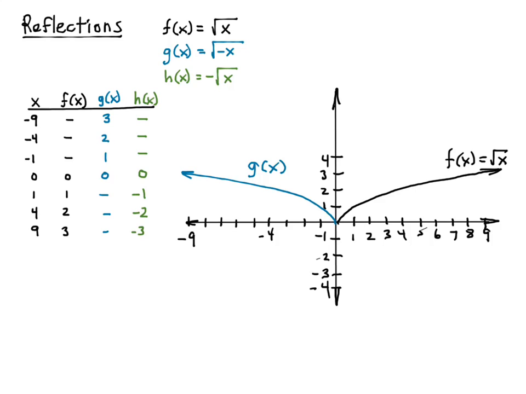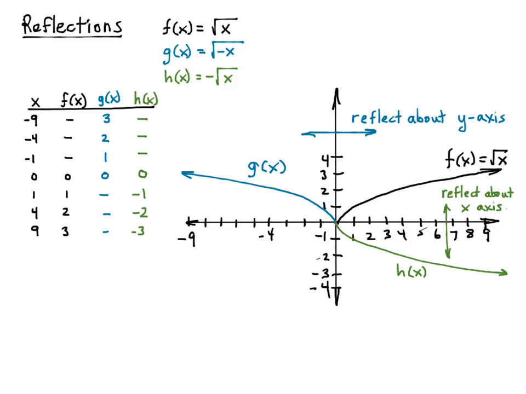So it's going to look exactly the same as though you put a mirror up to it on the axis, and it reflects about the y-axis. Now h at x, since I've made it negative, I'm actually going to reflect it over the horizontal axis, and so h at x, when I plot that, is going to look like this. It's going to reflect about the x-axis.